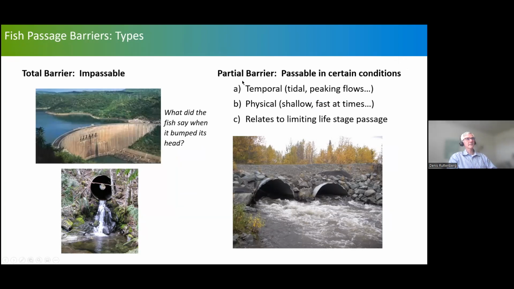You could also have what they call a partial barrier, which is temporal or physical. Like if you're in a tidal area, you may have varying levels that backwater or don't backwater. Basically it limits life stage. So it's less of a barrier, but still a barrier and worthy of looking at.